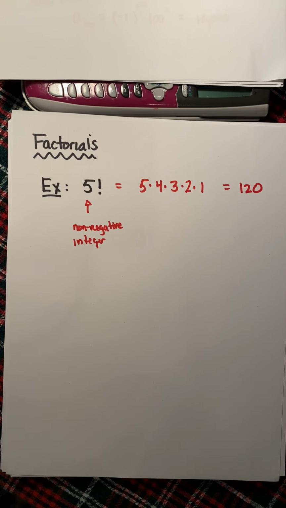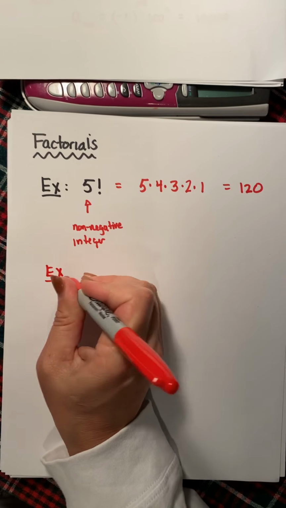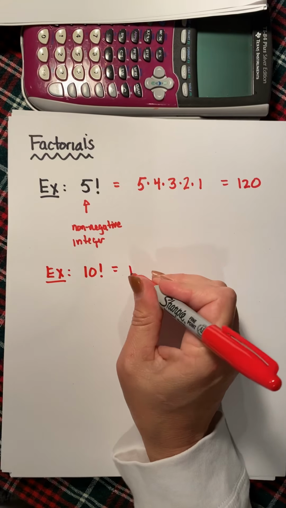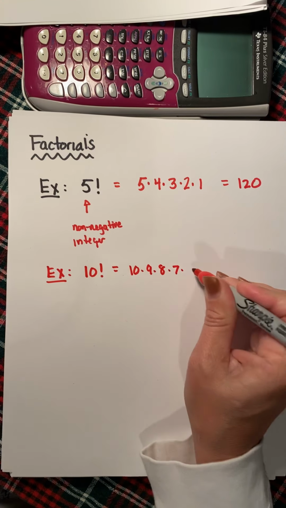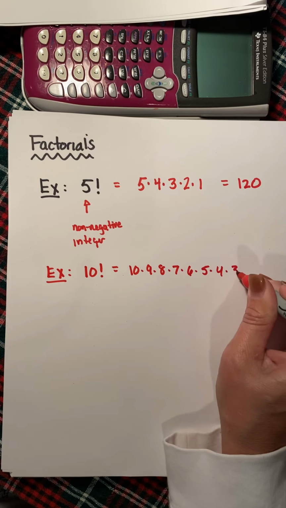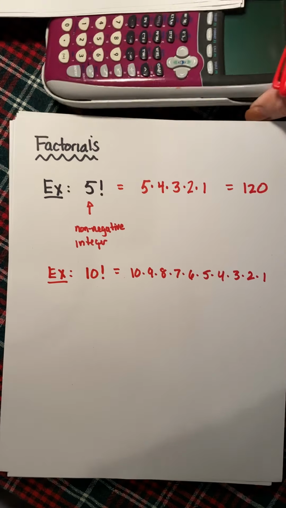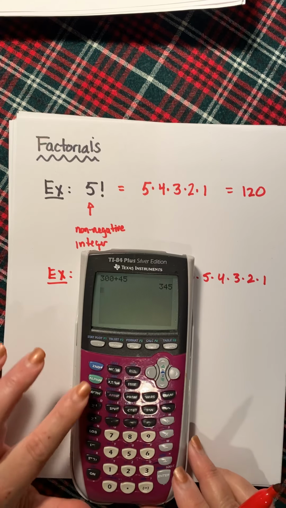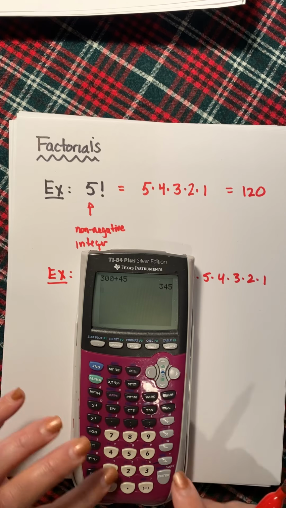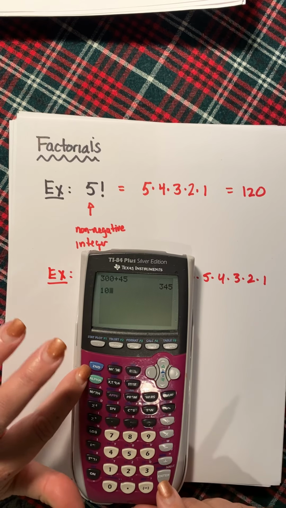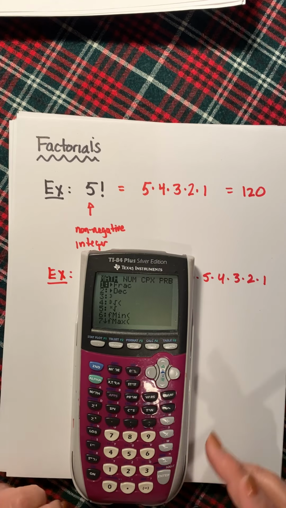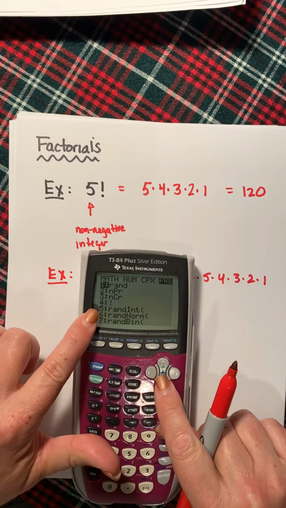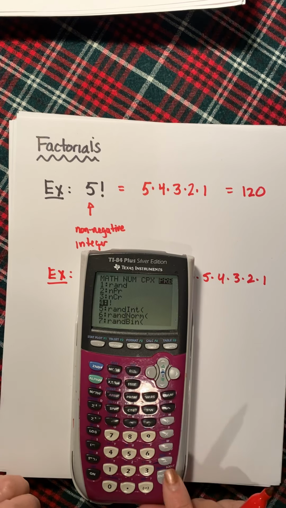So let's see, if I said find 10 factorial, well, that would be 10 times 9 times 8 times 7 times 6 times 5 times 4 times 3 times 2 times 1. And you can imagine that would be tedious even to put in your calculator. But if you have a graphing calculator, put in the 10 first, then go to the math button, over to PRB, and the fourth thing down is the exclamation point.